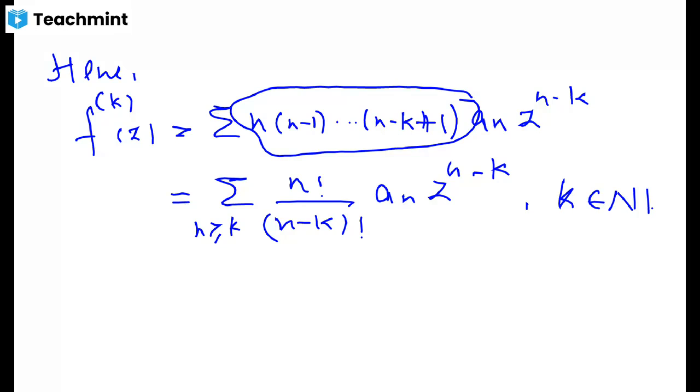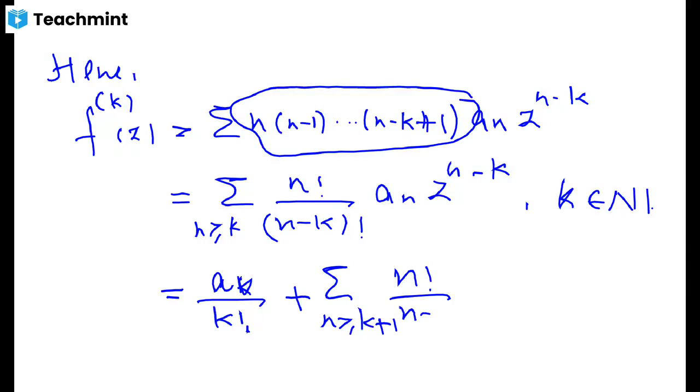And to compute the coefficients, you just substitute. I can write this expression, starting from n equals k, as a k times k factorial, because you are substituting n equals k and n minus k will be 0 factorial, which is 1, and then you start the range of summation from k plus 1, with n factorial upon n minus k factorial a n z to power n minus k.